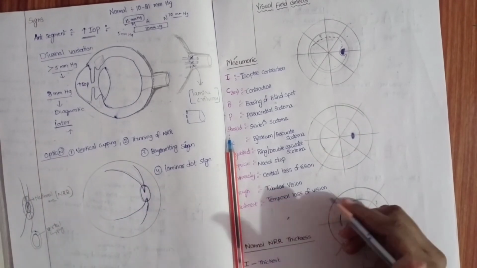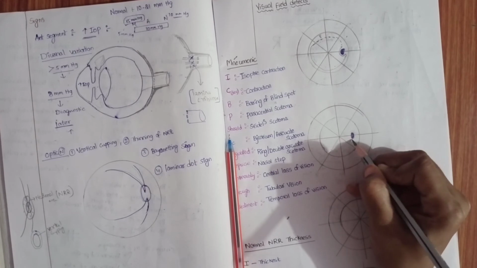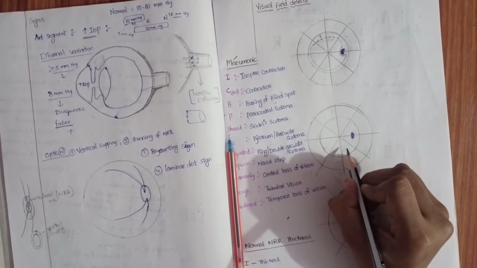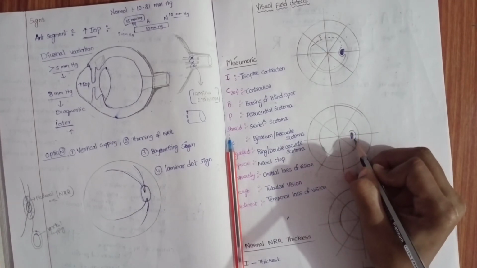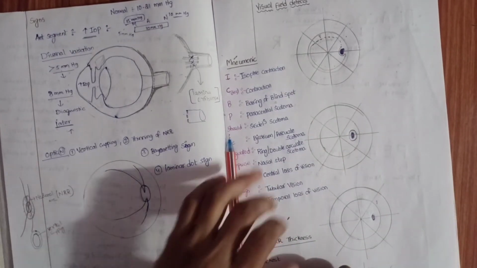That means the visual field around this optic disc has also undergone visual loss. This is called bearing of blind spot.